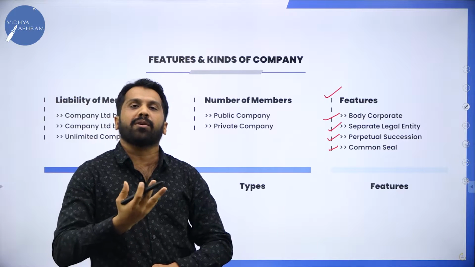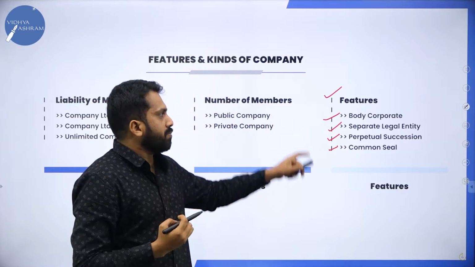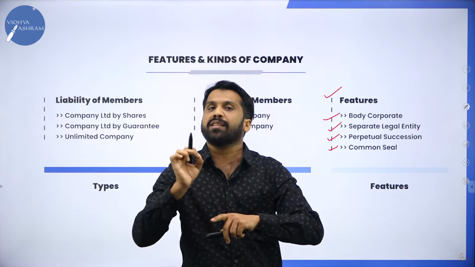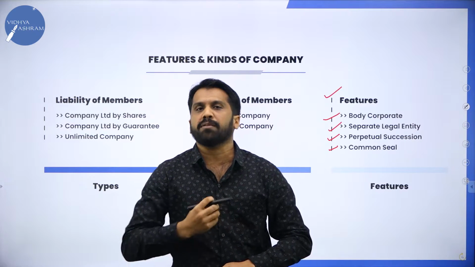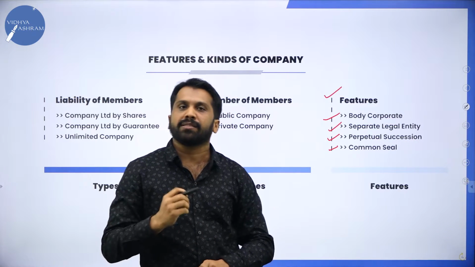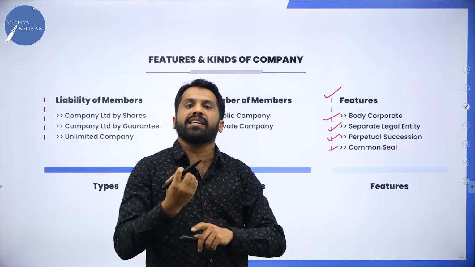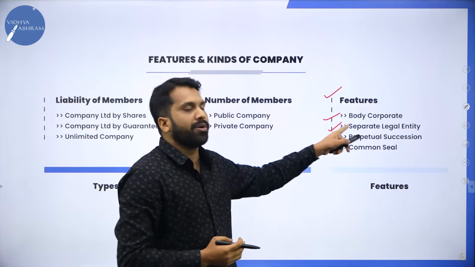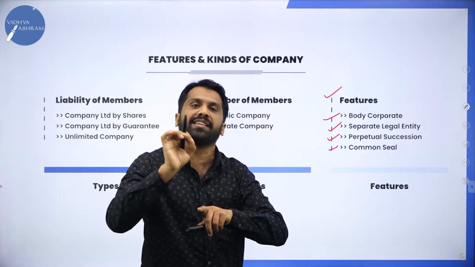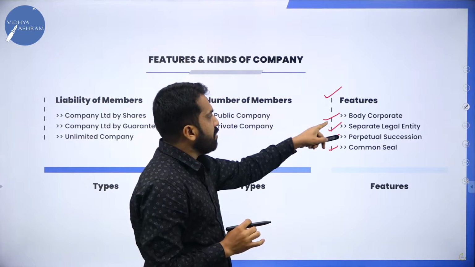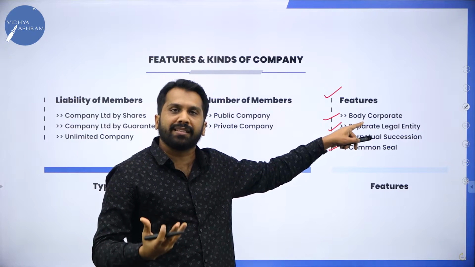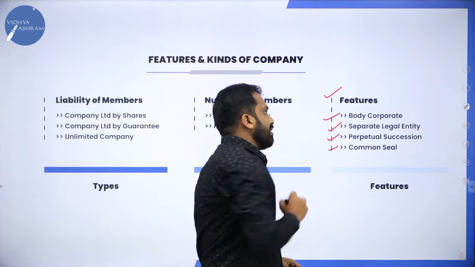What is body corporate? Body corporate means any company, we call it as artificial person. Why artificial person? Means non-living being. For example, Infosys. Can we go and talk to Infosys? No, because Infosys is a name of the company. So we call it as artificial person because it is a non-living thing. Now, separate legal entity.